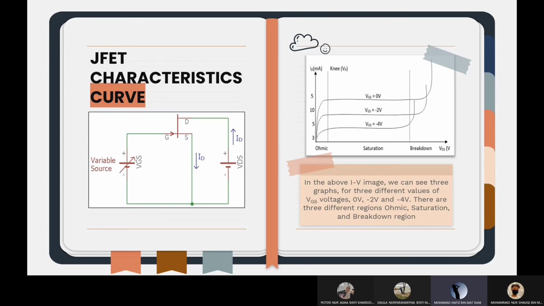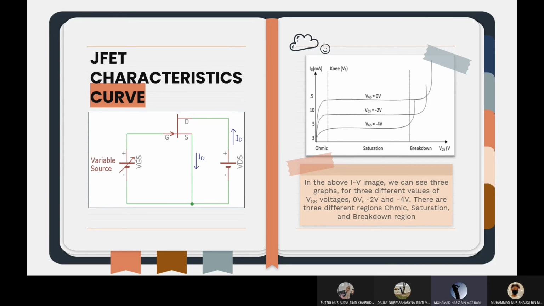In the image above, we can see the graph for three different values of VGS voltage: 0 volt, -2 volt, and -4 volt. There are three different regions: ohmic, saturation, and breakdown region.